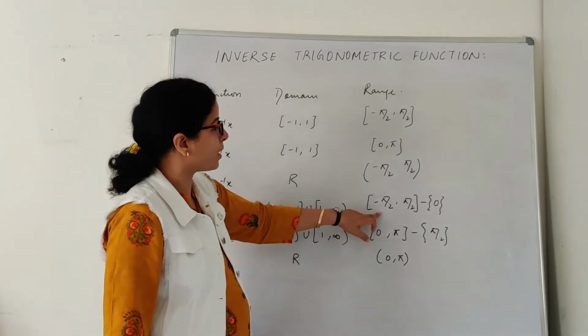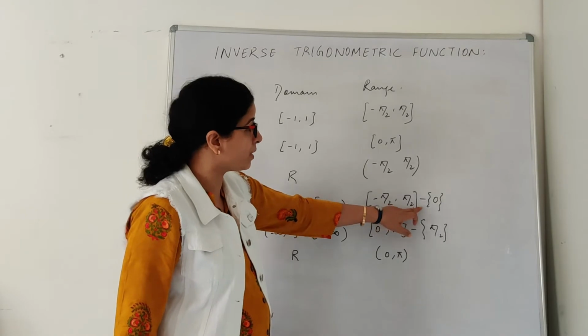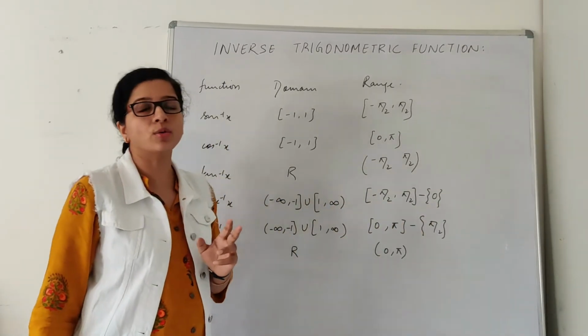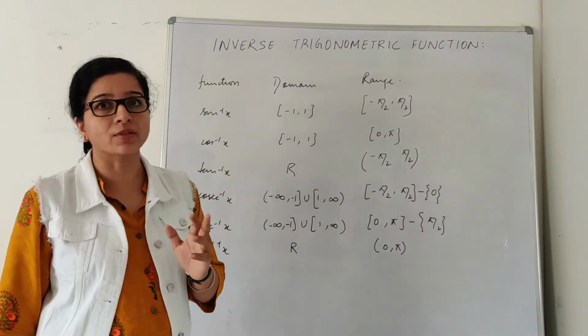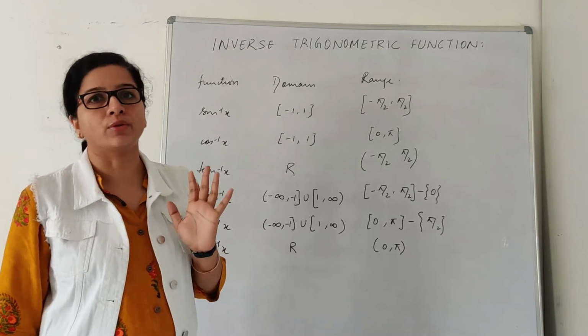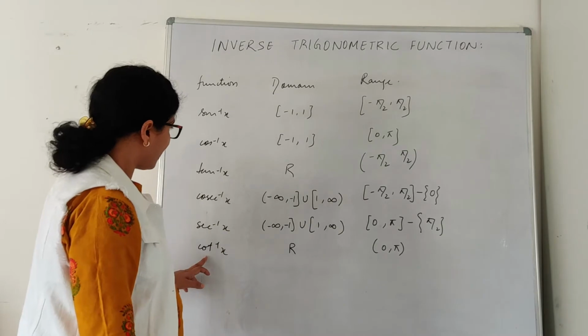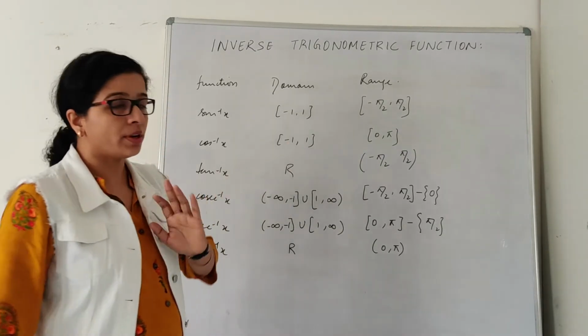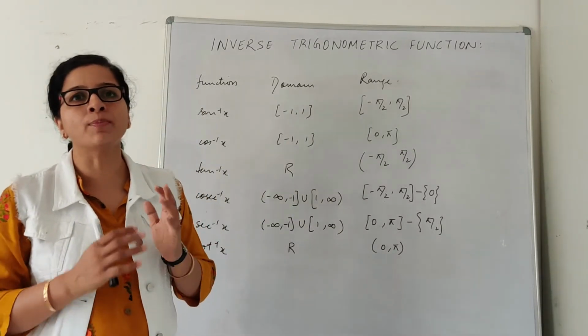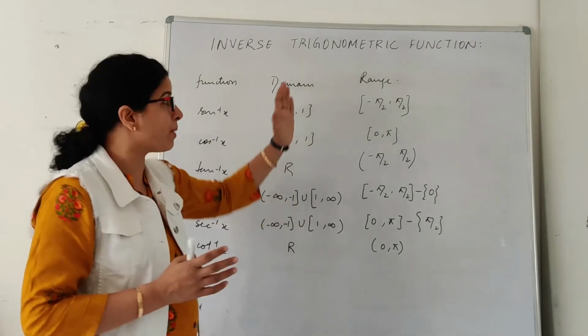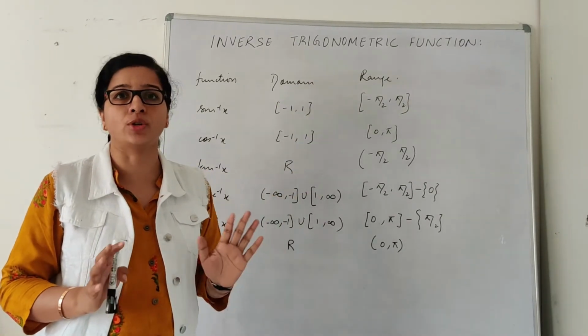And what is the range? Minus pi by 2 to pi by 2 closed interval minus 0. At 0 my cosec inverse x will not have a value. Is that clear? Now next check secant inverse x and then cot inverse x. So whenever you have to find the value in the principal branch, you should remember all this domain and range.